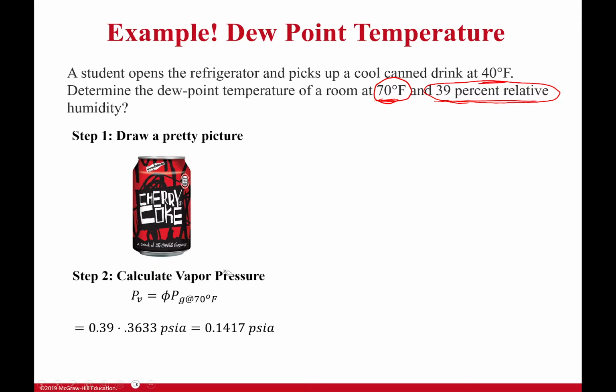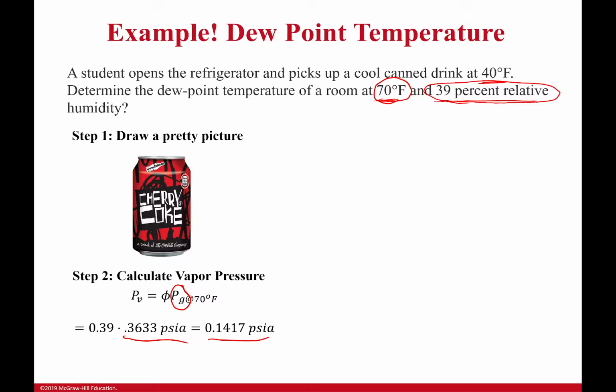Once you've gotten that, which is 0.3633 psi, I'm going to then multiply that by my relative humidity because, yes, this is if I had 100% as much vapor as it can possibly hold. And instead, I only have 39% of that. So my vapor pressure is 0.1417 psi.